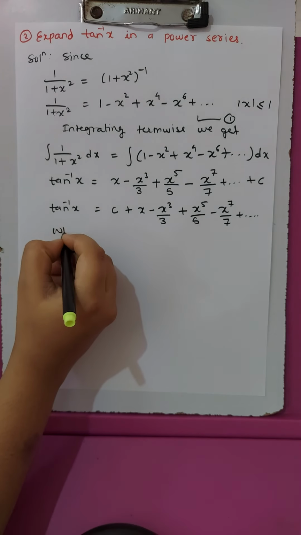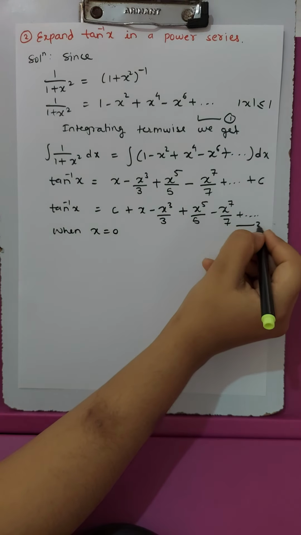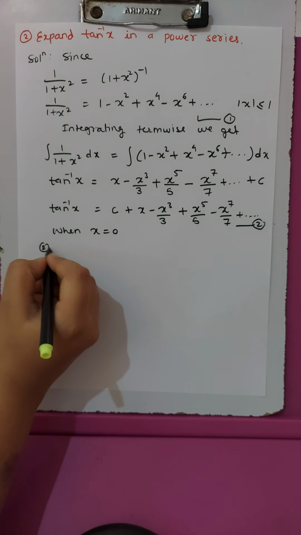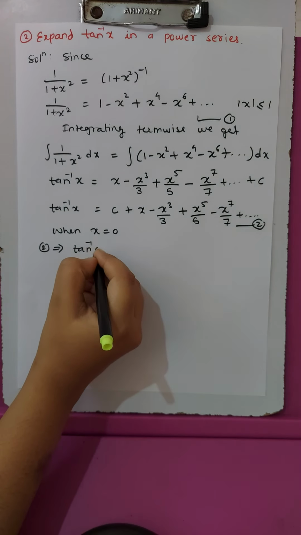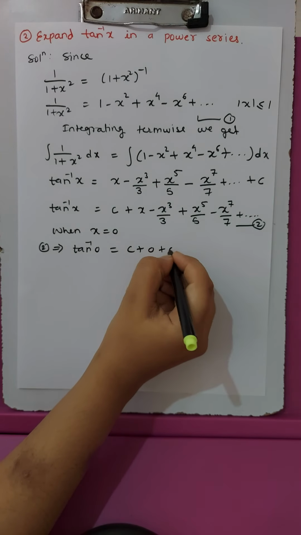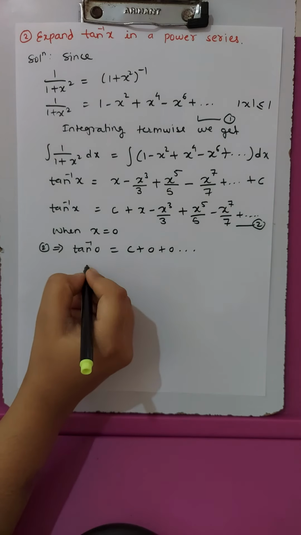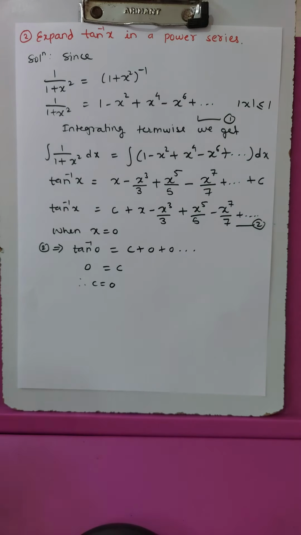Now when x is equal to 0, this second statement implies that tan inverse of 0 is equal to c plus all this will become 0. So tan inverse of 0 is 0, which is equal to c. Therefore c equals 0.